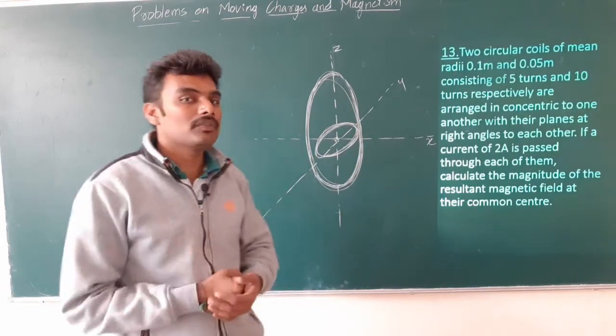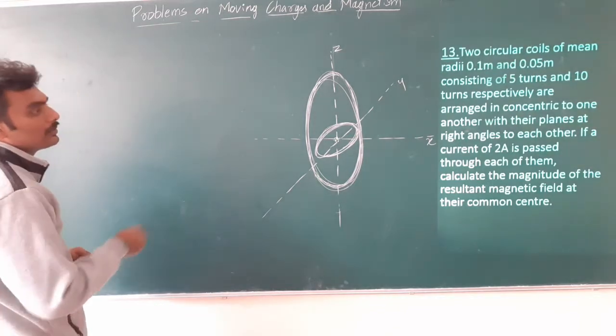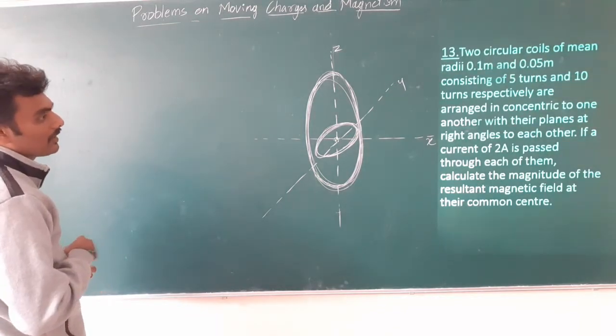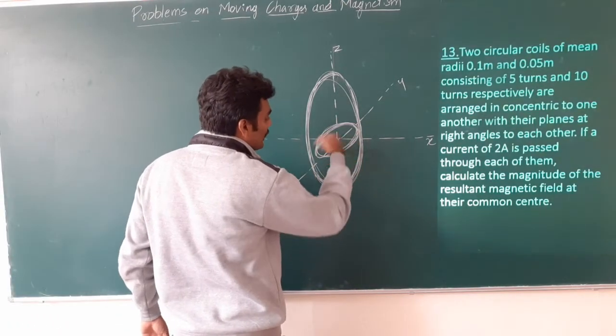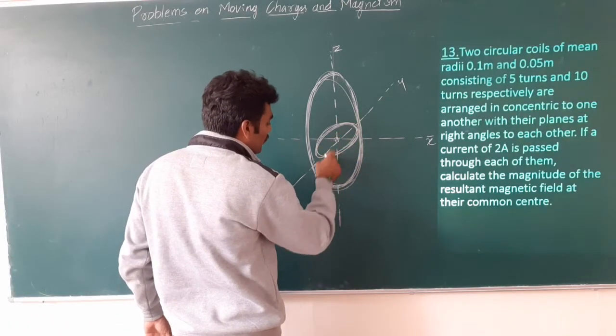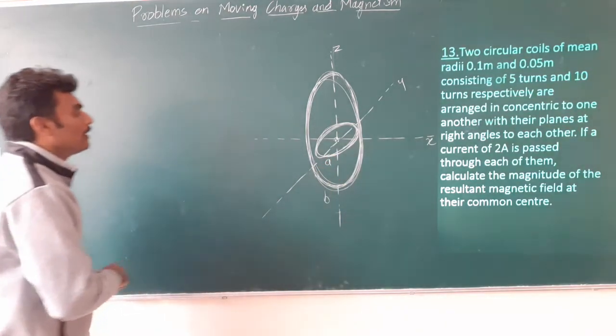So first, let us work out the magnetic field due to individual coils. Let me name this coil of conductor as coil A, and this as coil B.